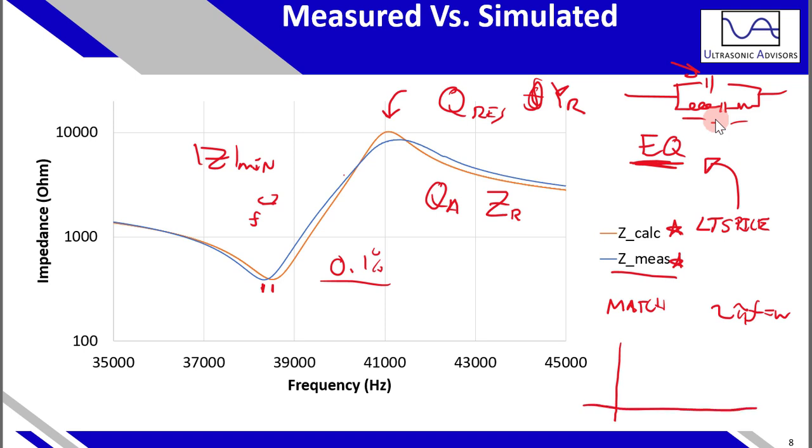So I'll just draw in this corner real fast. We had this peak for real admittance, and we will also have a similar peak at the anti-resonance for real impedance.